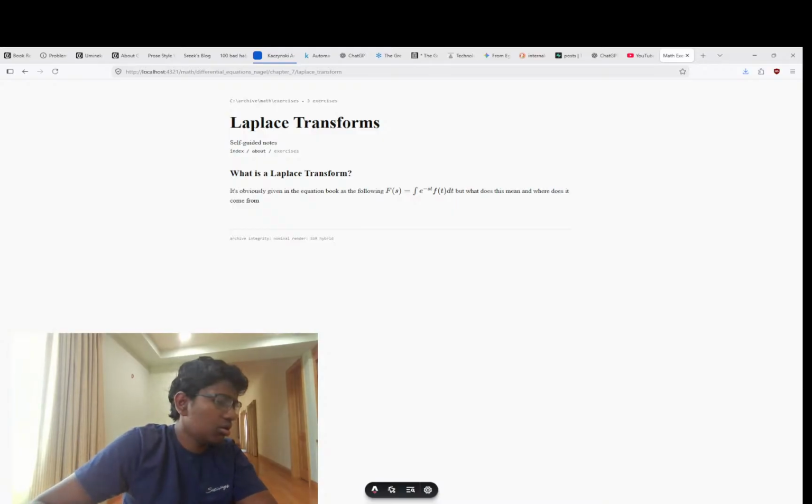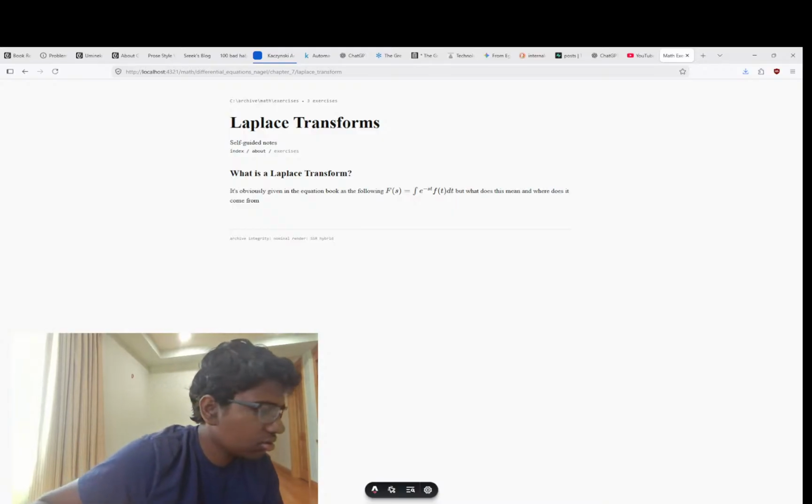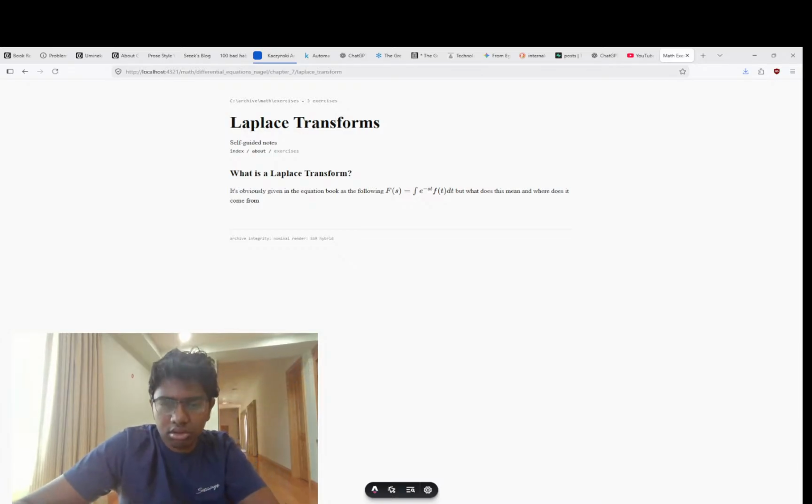I believe it looks like, it seems like L of y equals g of t, where g of t is a piecewise function.